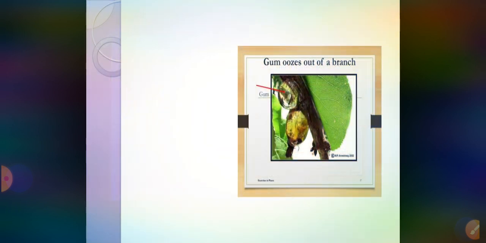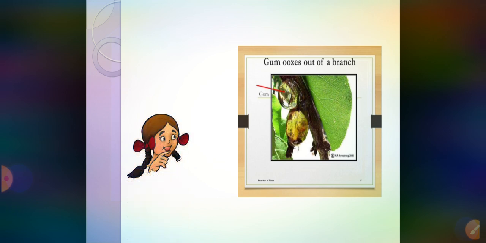Next one. Oh, I have seen in my school garden a plant called acacia. Okay, I have seen this plant. Gum oozes out of a branch.